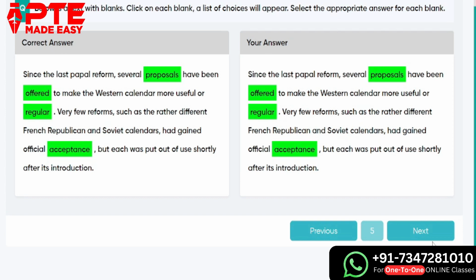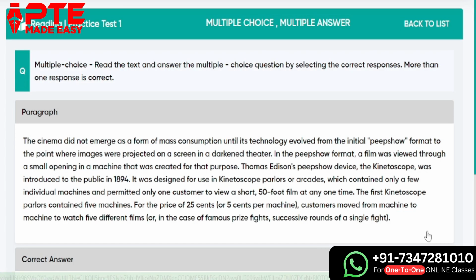I'll explain that particular part again in my upcoming video, because the main motive of this video is that you practice along with me, and see how we are able to finish the whole test in the given time period. We need to focus more on reading and writing fill in the blanks and reading fill in the blanks, rather than focusing on multiple choice questions or reorder paragraphs. So that's what the main focus was.